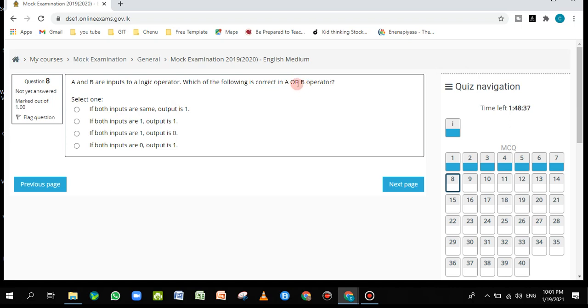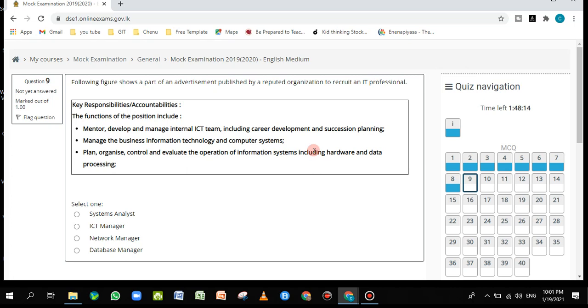That is wrong, because if it is 0 and 0, then it will be 0. If both inputs are 1, output is 1. That is true. If both inputs are 1, output is 0. That's wrong. If both inputs are 0, output is 1. That is also wrong. This is okay for NOR gate. Now next one.